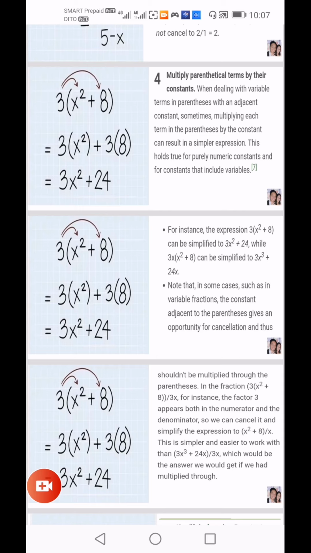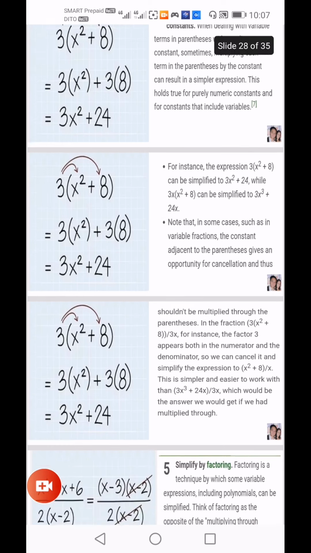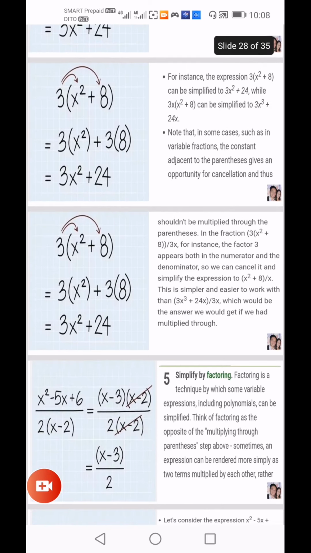Note that in some cases, such as in variable fractions, the constant adjacent to the parentheses gives an opportunity for cancellation and thus should not be multiplied through the parentheses. In the fraction 3 times x squared plus 8 divided by 3x, for instance, the factor 3 appears both in the numerator and the denominator.